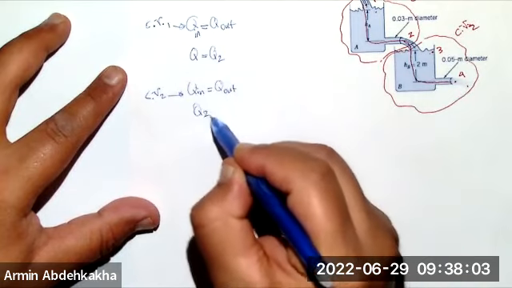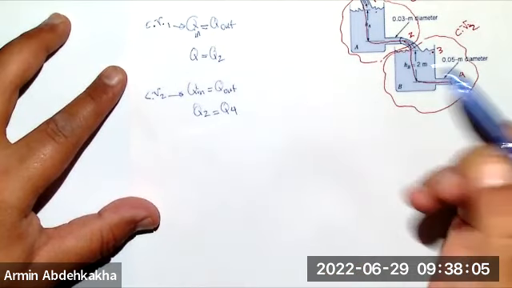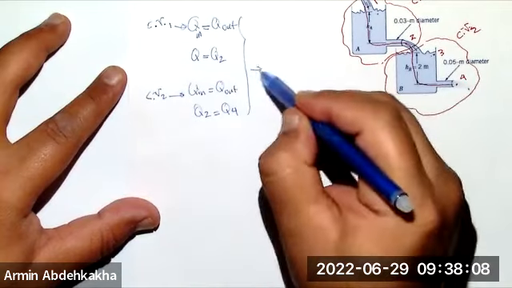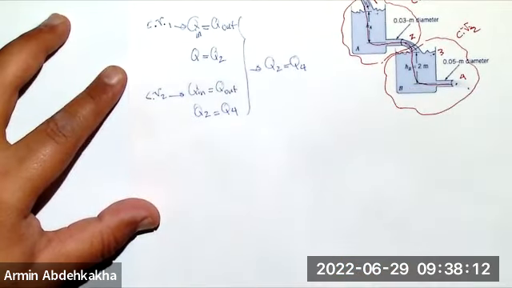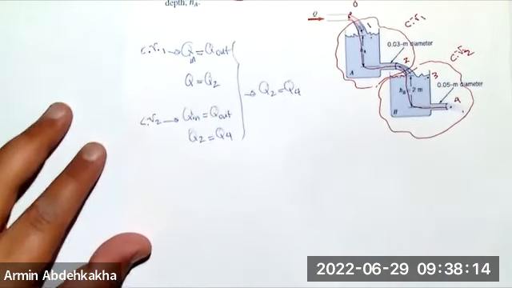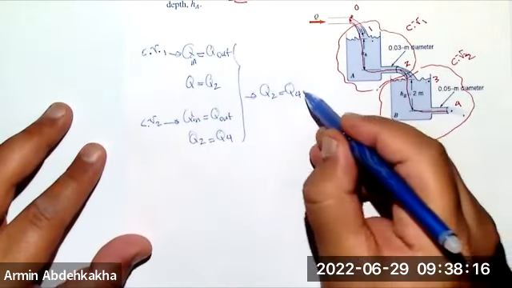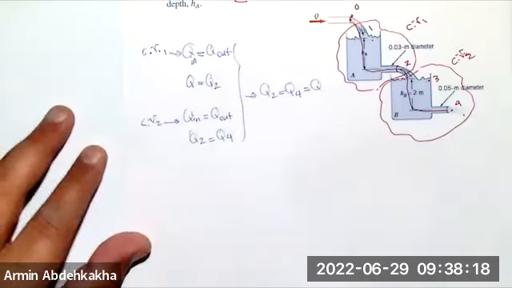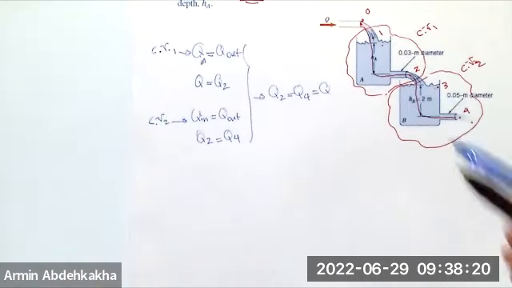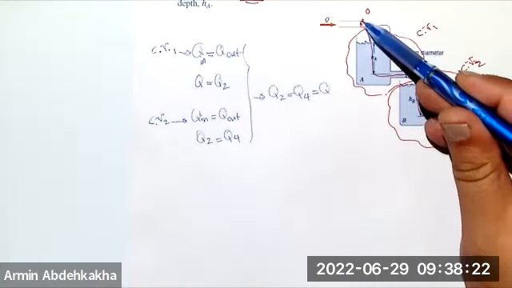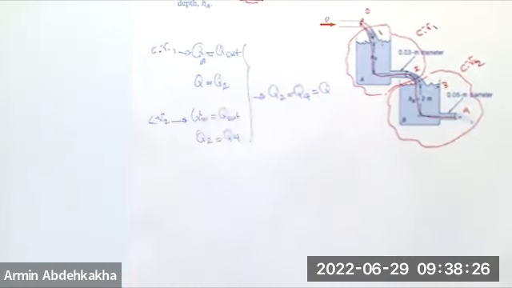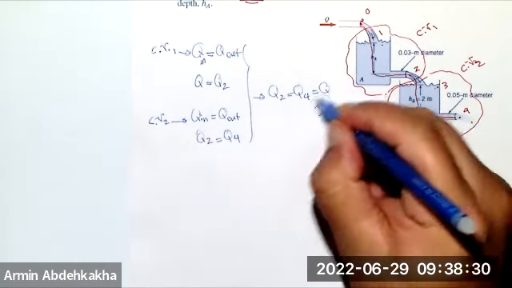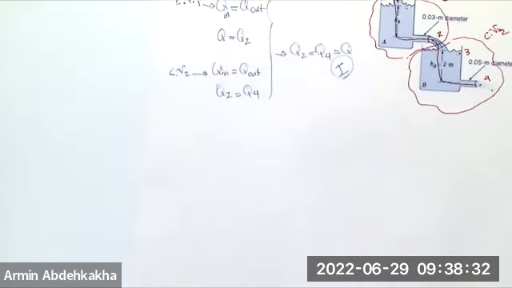Using these two, Q2 is equal to Q4 and also equal to Q. So it means that the same flow Q you have here, you have here, right? That's the first part, and keep that as the first equation.